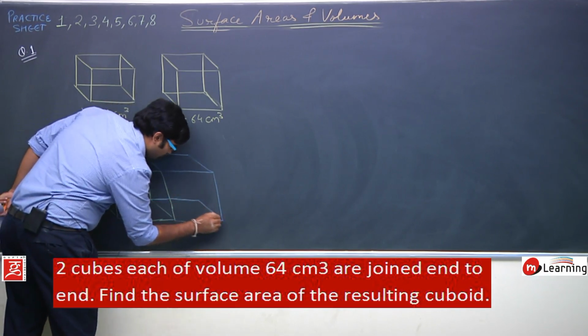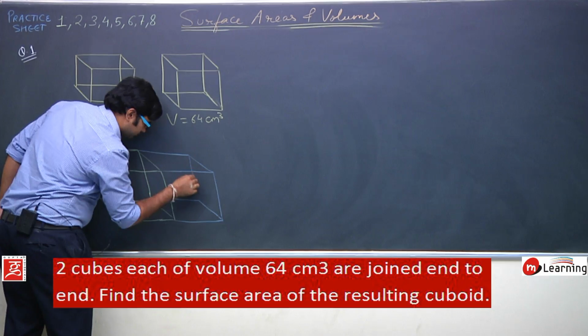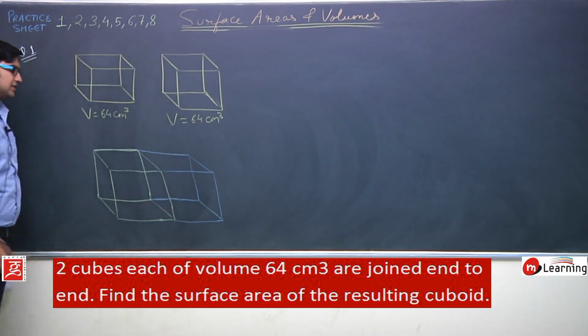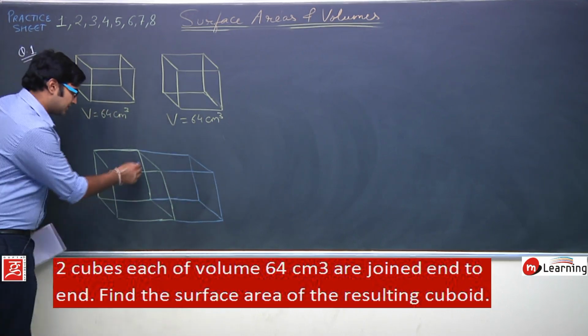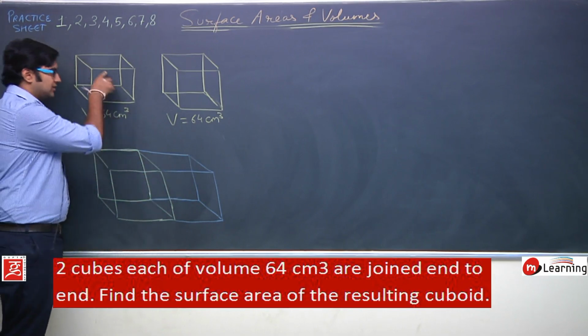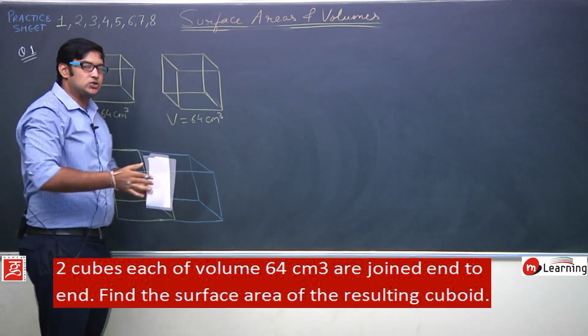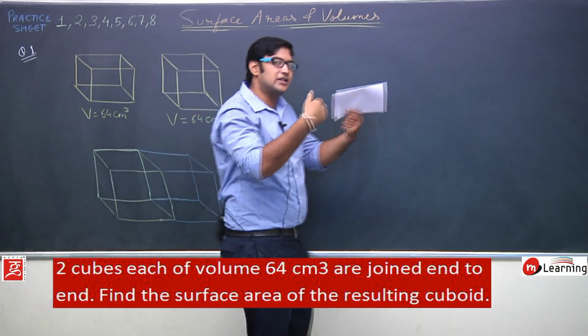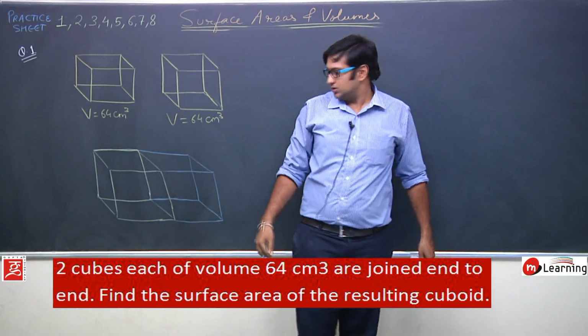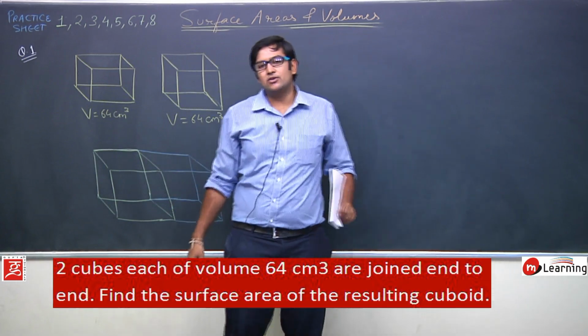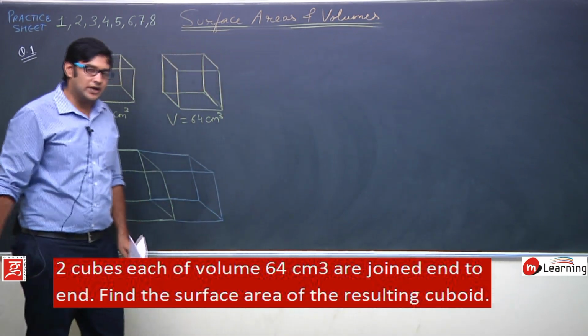I have joined the two cubes. This is the first cube, the green one, and this is the second cube, and I have joined these two cubes and formed another shape. So this is a cuboid. I need to calculate the surface area of this cuboid.